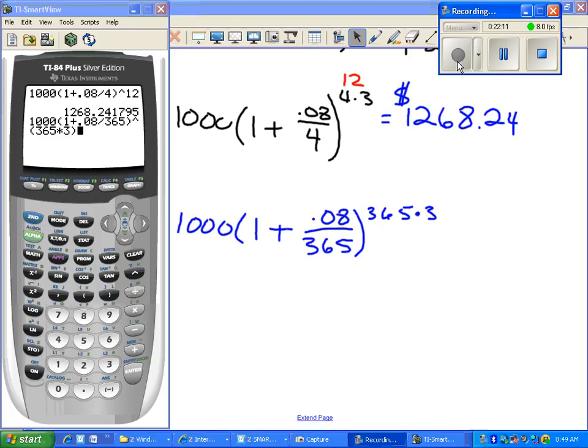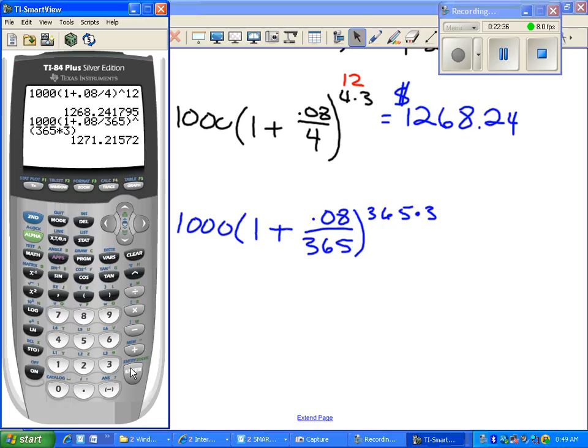My original amount is 1,000 times 1 plus 0.08 is my percent increase, divided by 365 days a year because I'm compounding daily, to the 365 times 3. That's the way this equation works because we set for 3 years.